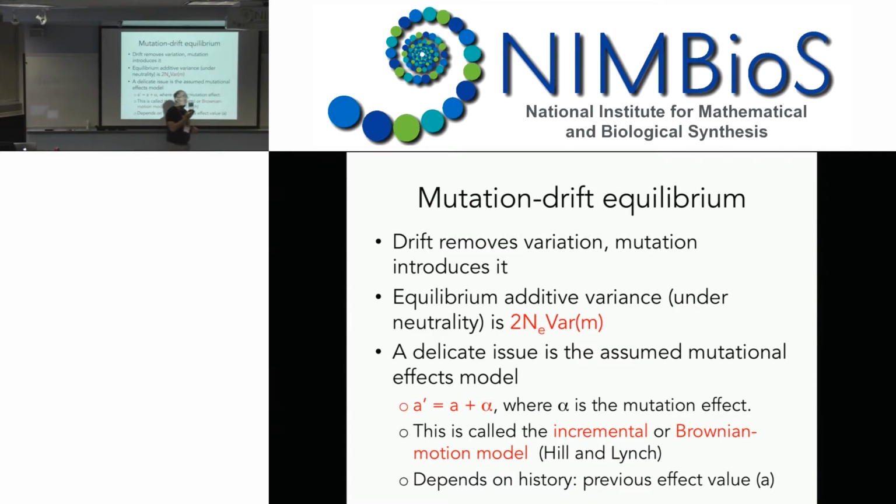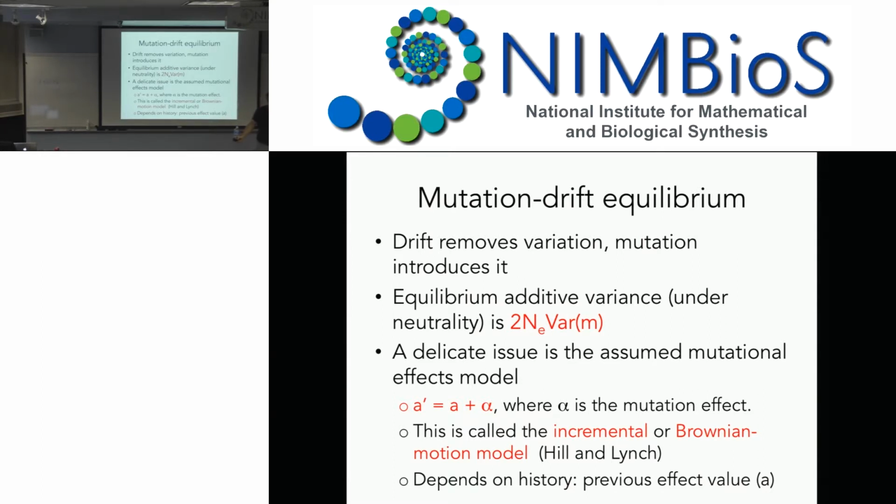If this has a value of, let's say, 1 centimeter of height, a mutation may take 1 centimeter and add on some random value about it. That model is called the incremental model. It's also called the Brownian motion model, for a reason we'll talk about in a little bit. And a lot of people did it. Lynch and Hill, again, Bill Hill of Hill-Robertson and Mike Lynch, were the ones that did a lot of work on that. This depends upon previous histories, because your new allelic effect is your old effect plus some random contribution to that.